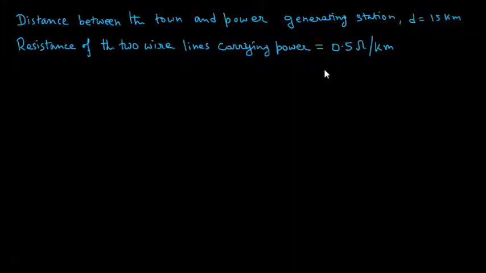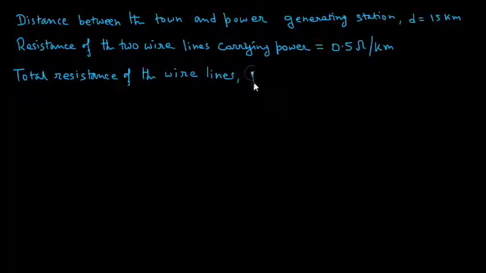Total resistance of the wire lines R is equal to 15 plus 15 multiplied by 0.5, which is equal to 15 ohm.